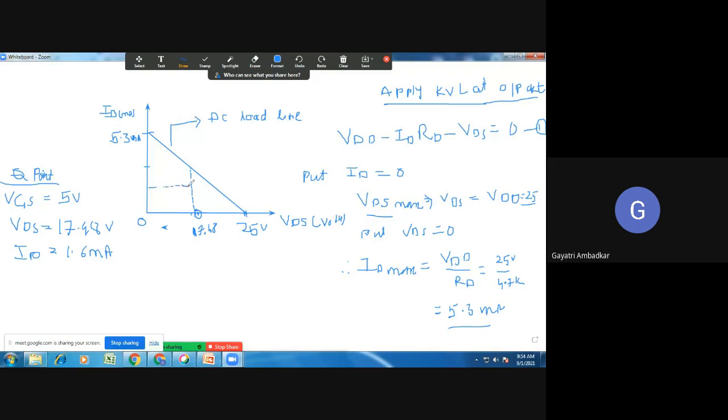This is the point where they intersect. This is 1.6 milliampere, this is 5. If you take a proper scale, you will get it properly.